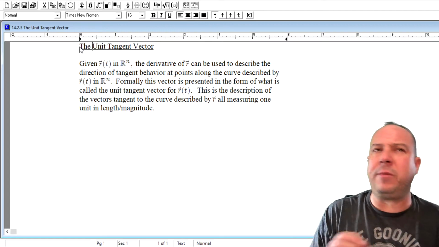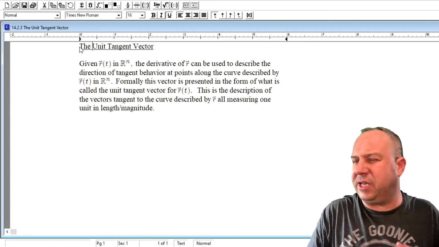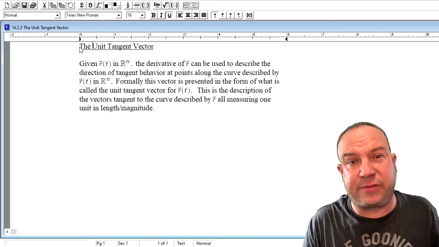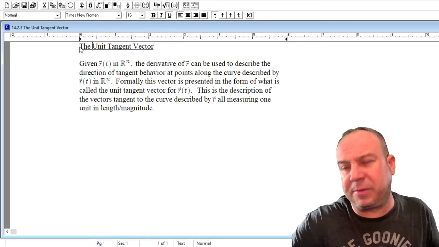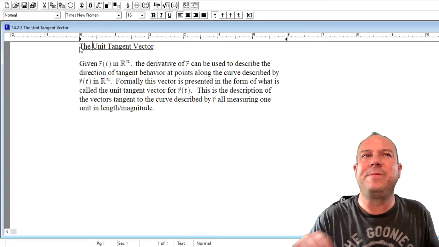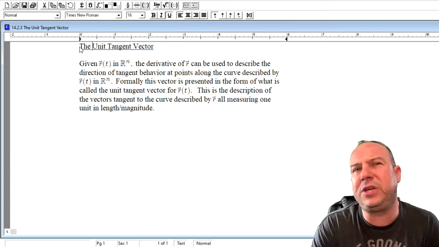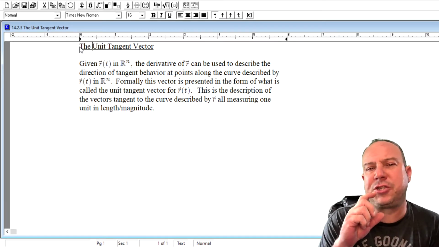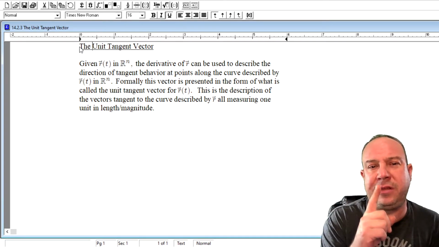Now, formally, we don't typically present this tangent vector with its true length. That length varies from vector to vector, and does have an interpretation within some context that we will get into later in our studies. But what we formally do when just talking about tangent behavior is we standardize, or maybe normalize, that vector by shrinking it down or blowing it up to make it 1 unit in length.